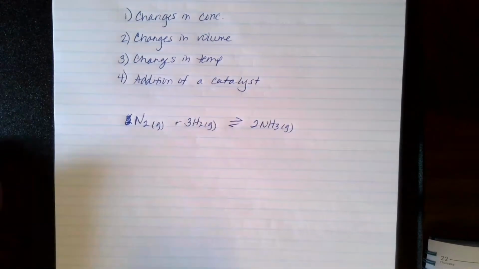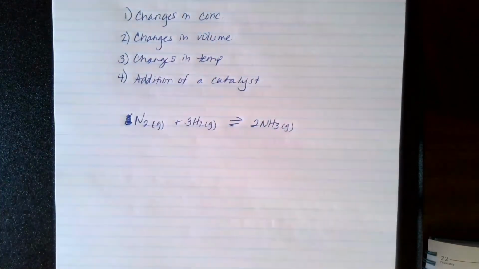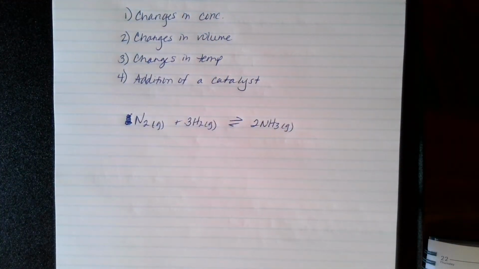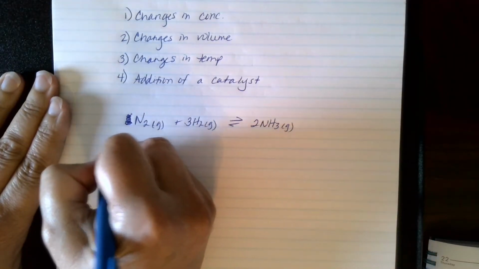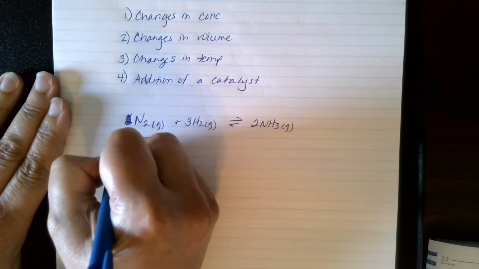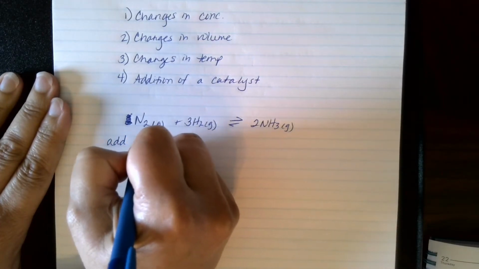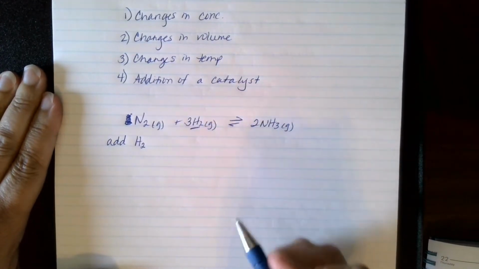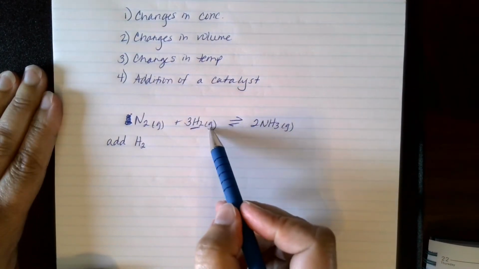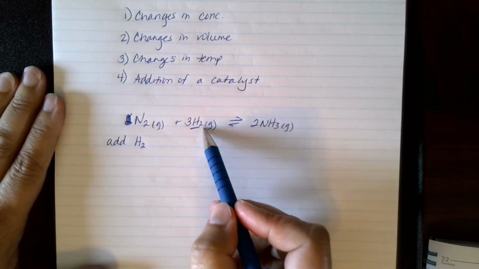Okay, there's nothing in front of that term. All right, so we're going to start out with a reaction, and let's say that our system is at equilibrium, and I'm going to add, let's say, some hydrogen. Hydrogen is this term, so I'm adding more reactant.